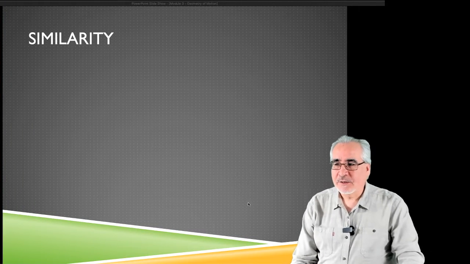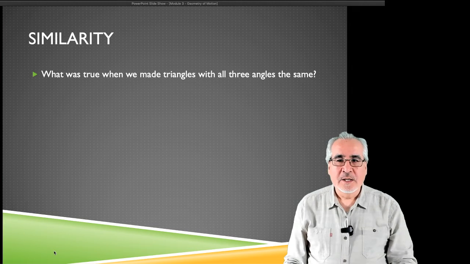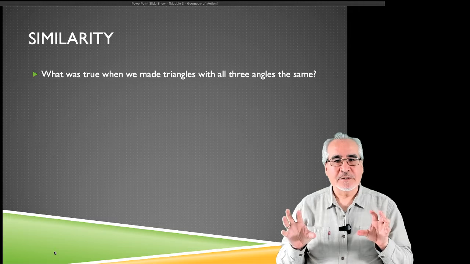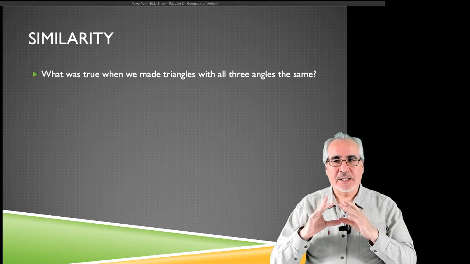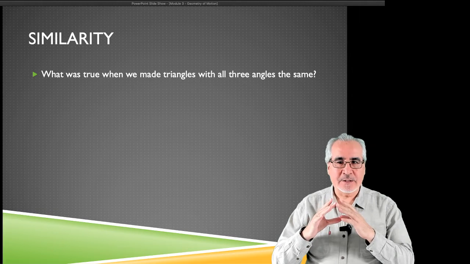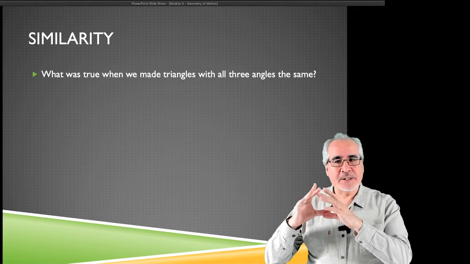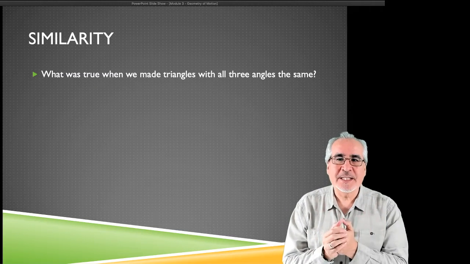So what is similarity? When we made triangles with all three angles the same, we got an equilateral triangle. And it doesn't matter the size we made, all those triangles we could call similar.